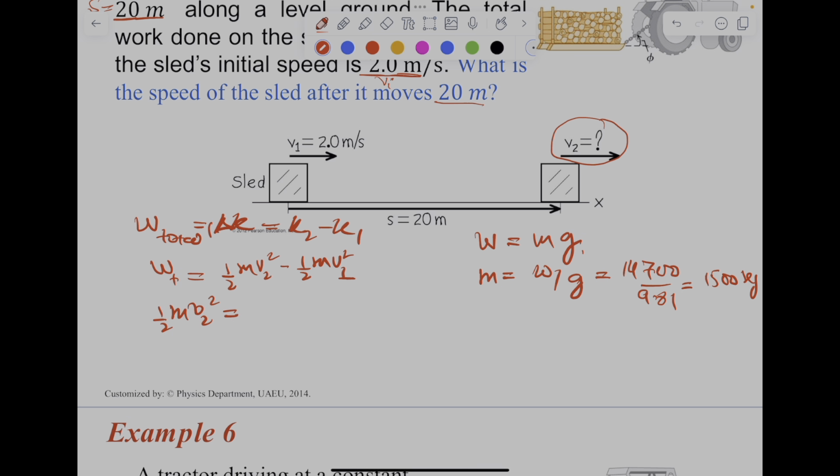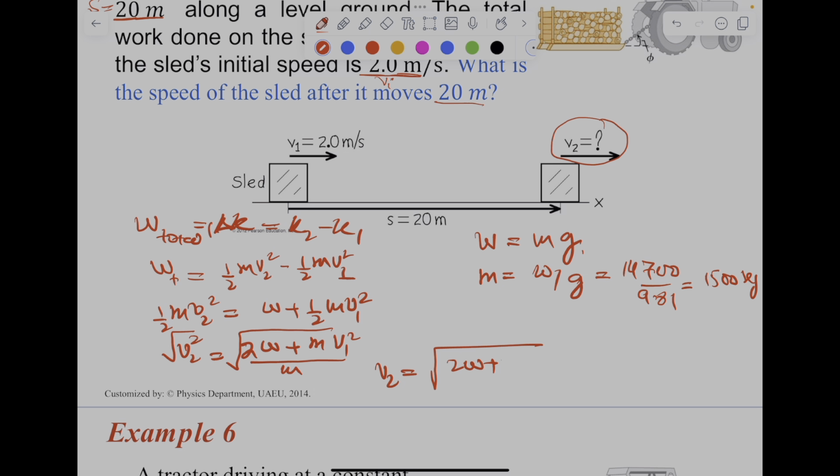For this we have W plus 1/2 mv1 squared, so V2 is nothing but the square root of 2W plus mv1 squared, divided by m.